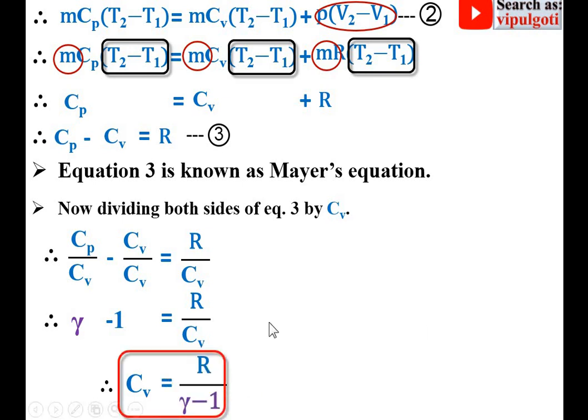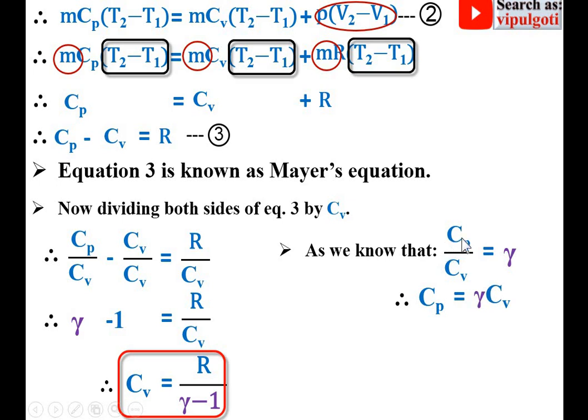This is one of the answers: specific heat in terms of the adiabatic index gamma. As we know Cp by Cv is equal to gamma, I can write Cp is equal to gamma into Cv. Putting in the value of Cv, Cp is equal to gamma R upon gamma minus 1.